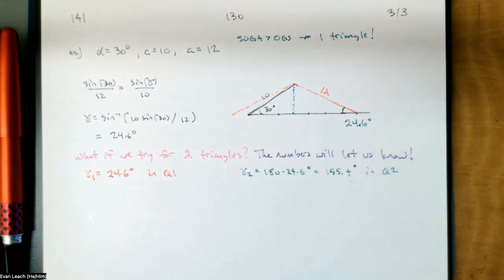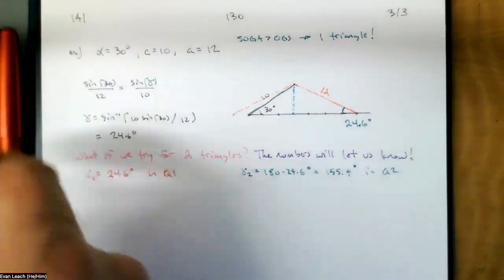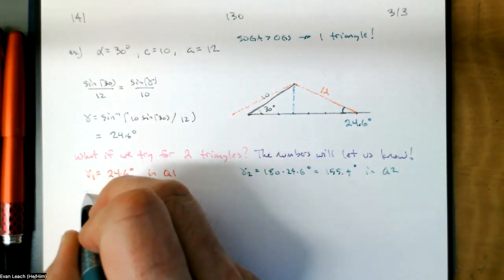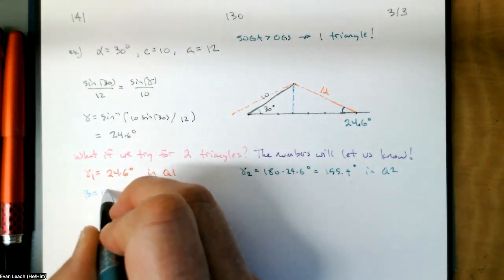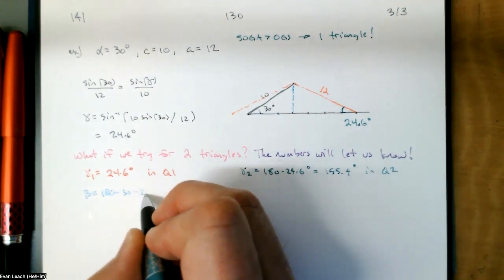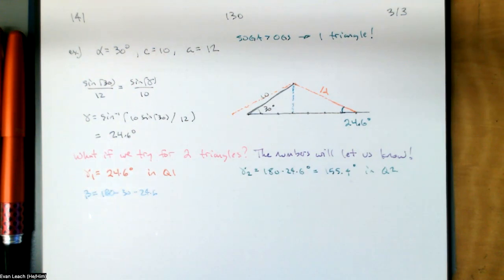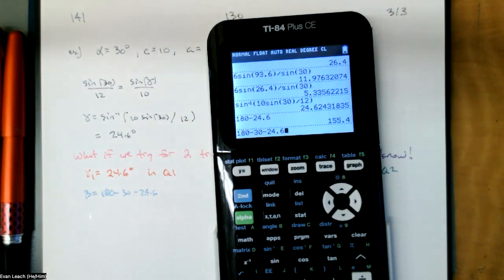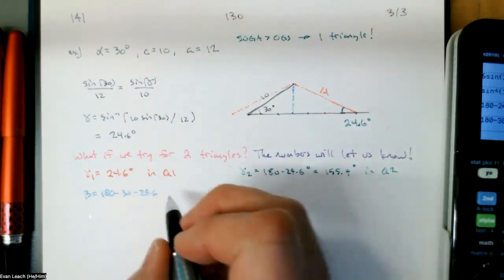So with this gamma of 24.6, if I try to find beta for that angle, I take 180 minus the 30 that we're given minus 24.6, which is 125.4.